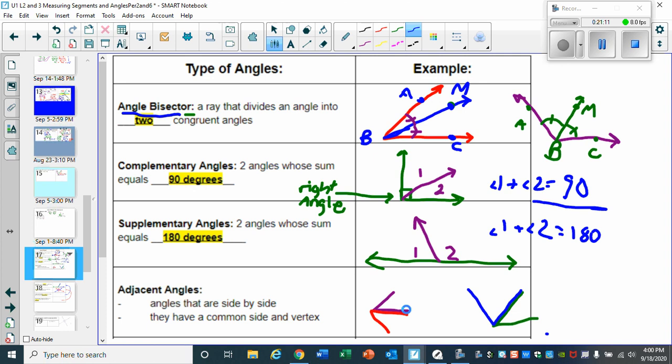Notice how the red angle and the purple angle are represented by the same ray. That's an example of adjacent angles. Similarly, when you have the blue angle and the green angle, again, sides touch. That is an example of adjacent angles.